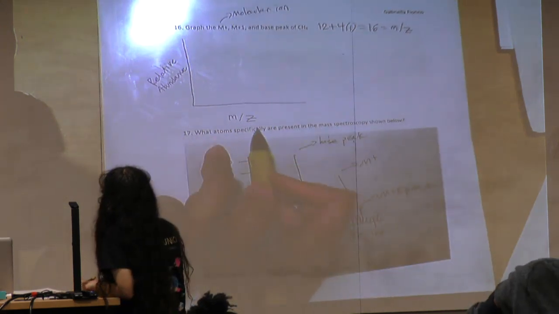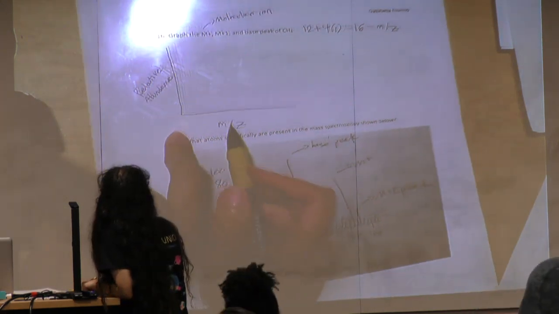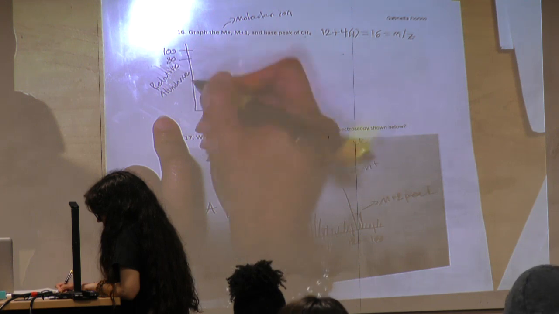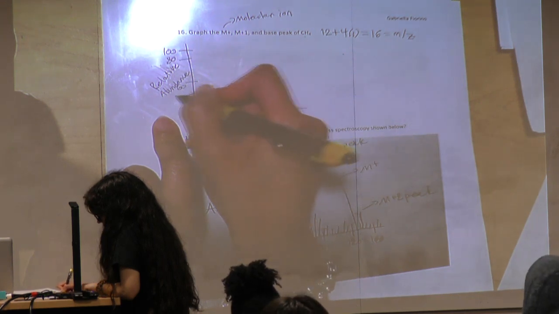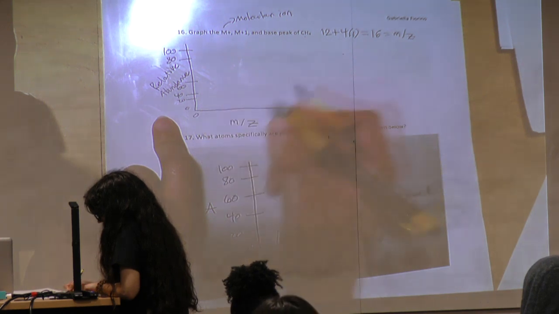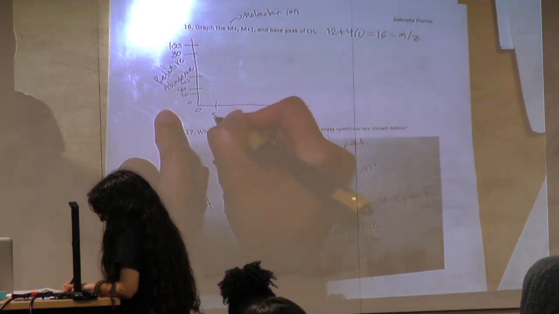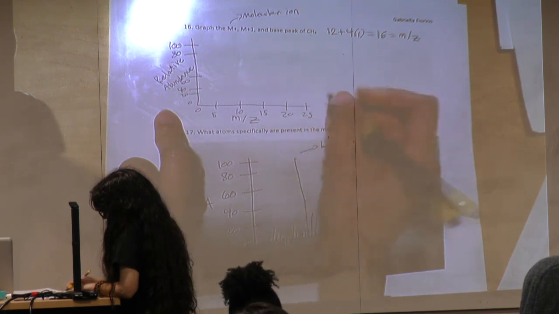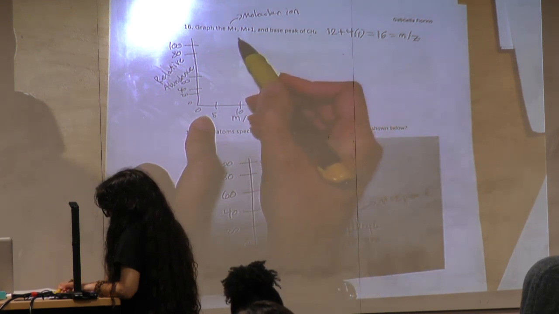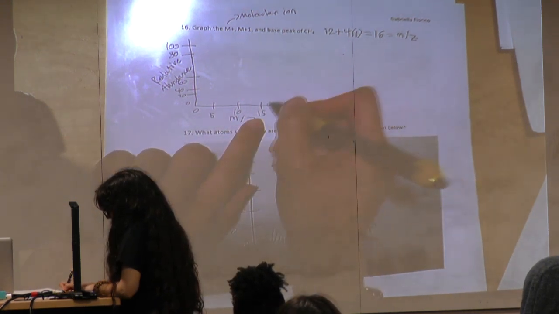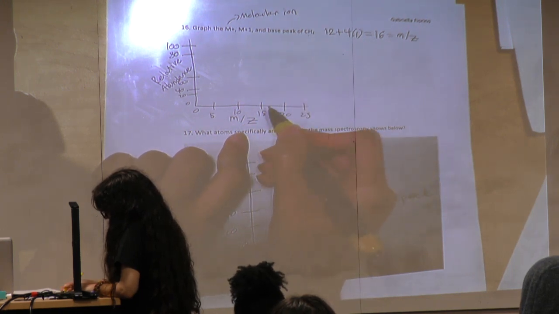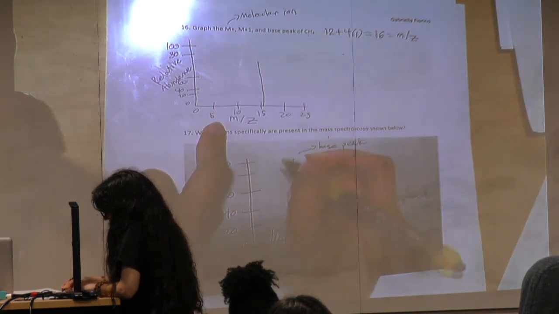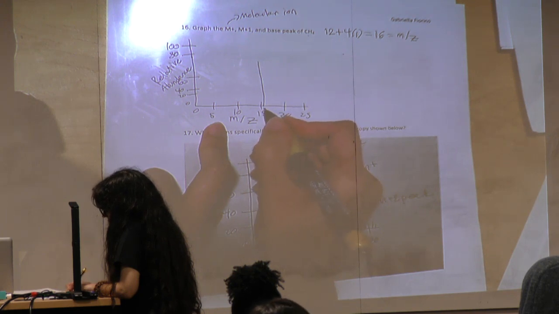So if we're doing relative abundance, let's say we have 100, 80, 40, 20, 0. Then let's say we have 5, 10, 15, 20, 25. Our molecular ion peak is at an m/z of 16, so it will be about here, because of course 15 is right there. We don't know the relative abundance, so I'm just going to draw a line. And that's our molecular ion peak, and we know that because it's at 16.